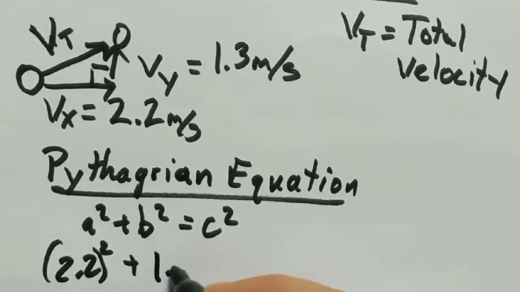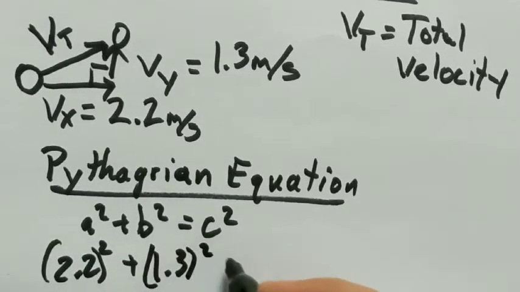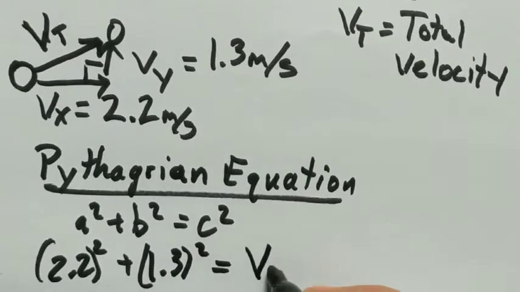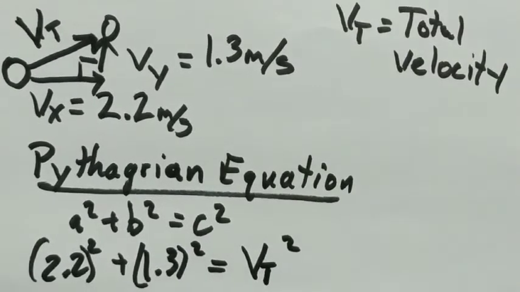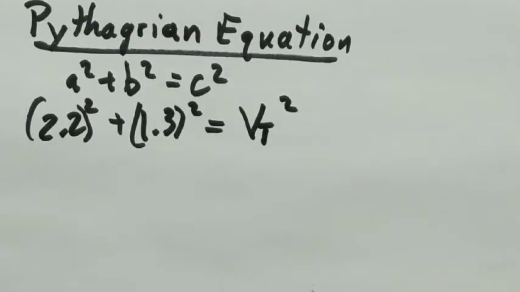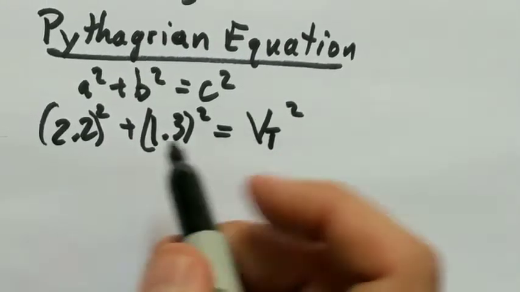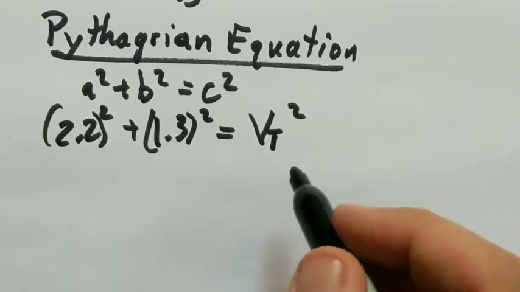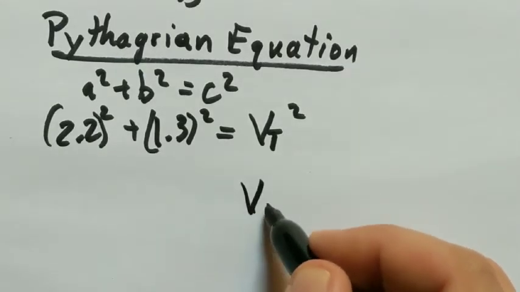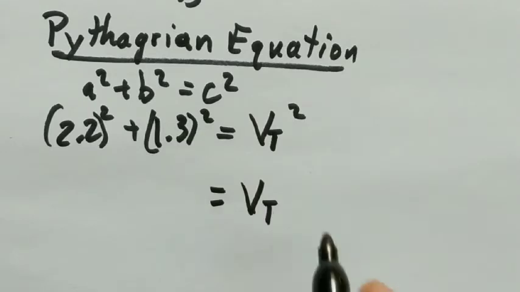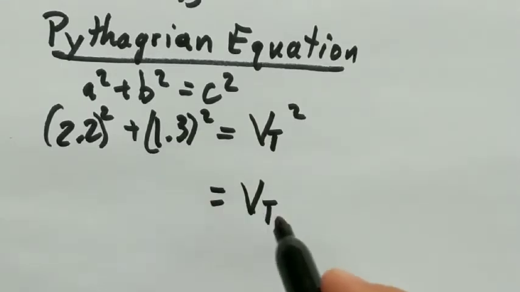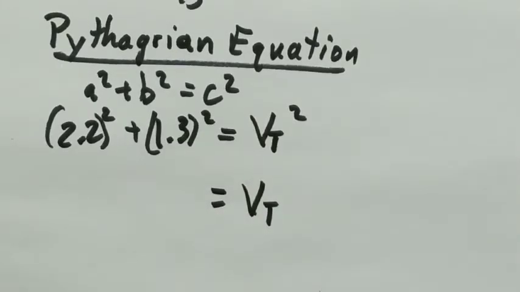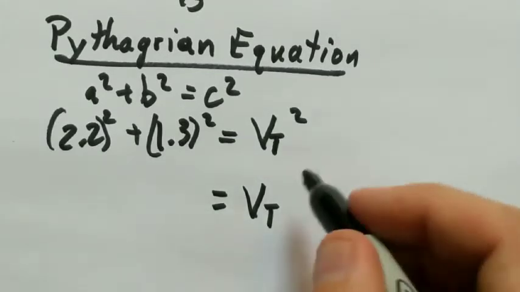My b is going to be 1.3 squared, and all of that equals my total velocity squared. And we can run through a little bit of algebra, square both of those numbers, and you will get the total velocity squared.